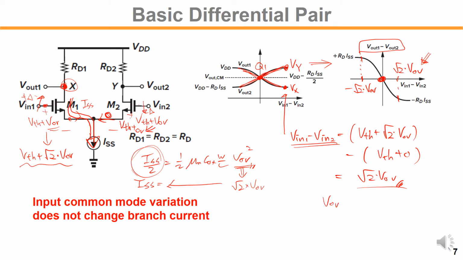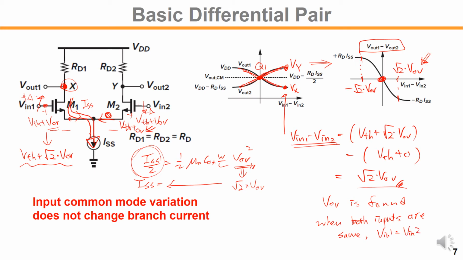So Voverdrive is found when both inputs are the same, I mean equilibrium, meaning Vin1 equals Vin2.